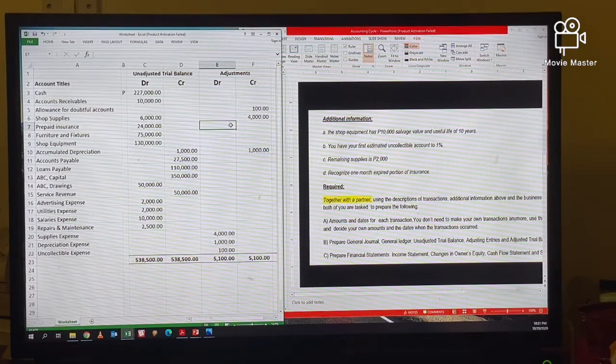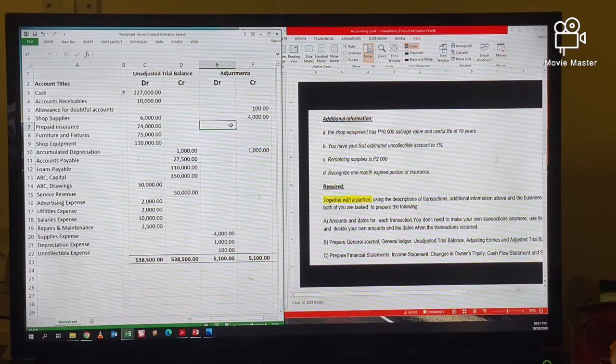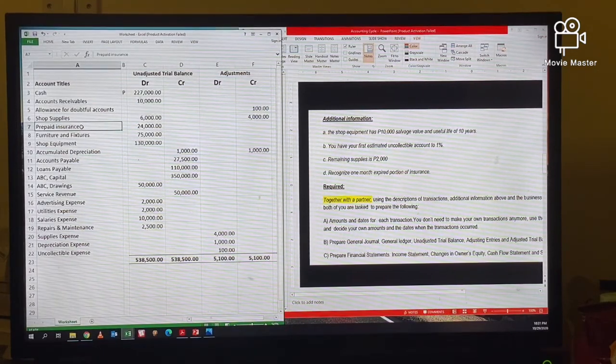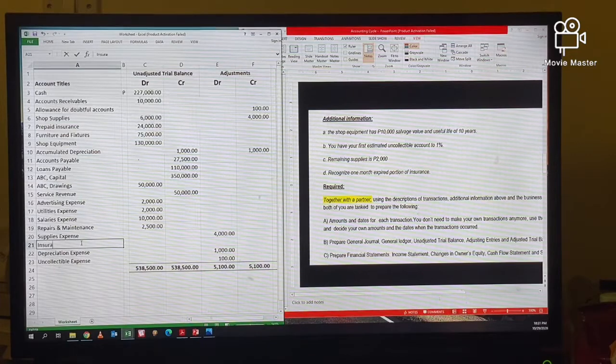So, 24,000 divide 24 months or divide 2 years. Ang 1 month mo ay 1,000. So, babawasan mo siya pag expired insurance at asset method. Your debit is insurance expense and credit prepaid insurance.